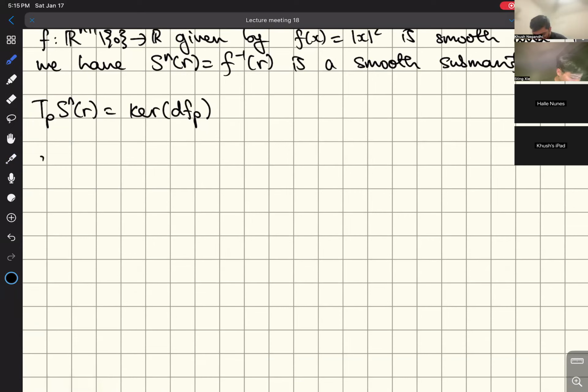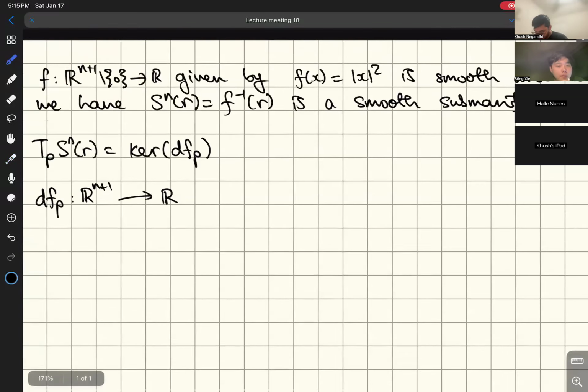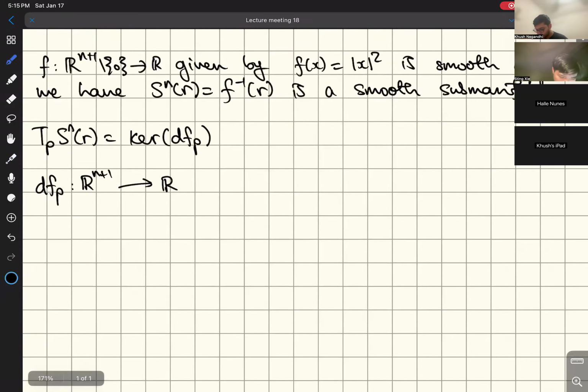So let's compute df at p. Remember, this goes from R^(n+1) into R. And now you might ask, why is it R^(n+1)? Because the tangent space at any point of this space is just R^(n+1). Well, it's isomorphic to R^(n+1), but you get the point. What this means now is we can just compute it directly.